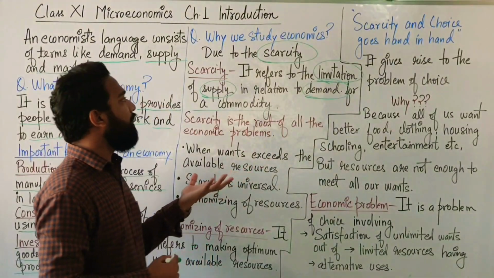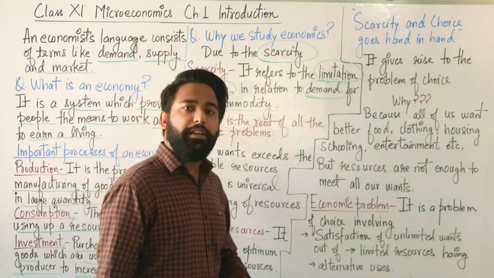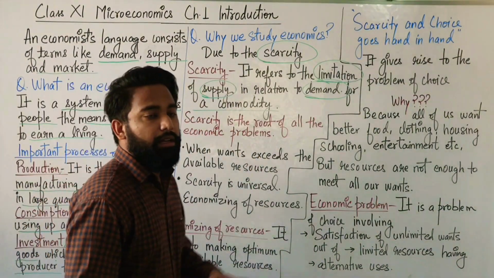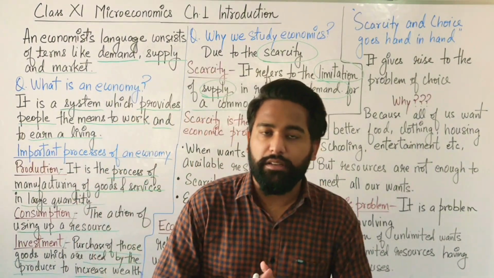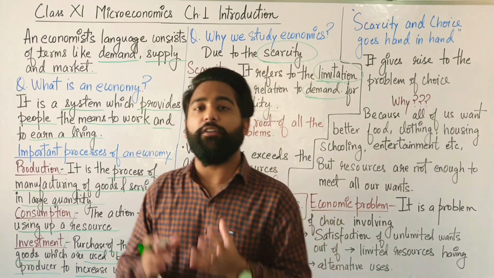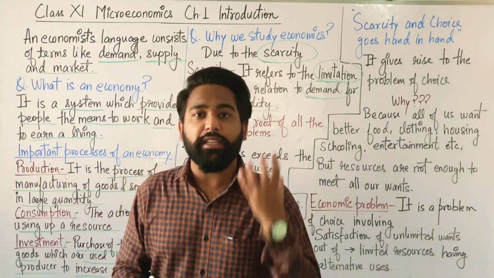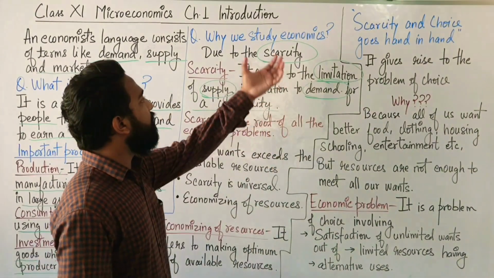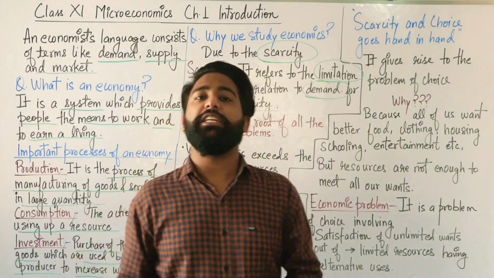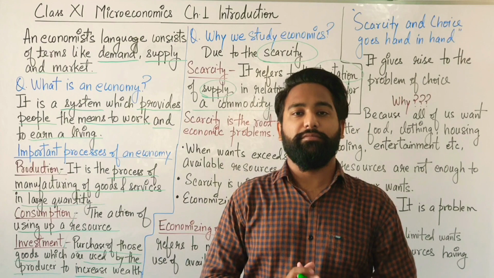That will be your statement, that there is a scarcity of that particular commodity in the market. And this is the main reason, the scarcity of resources, the scarcity of things. This word scarcity starts the subject economics. Without scarcity, there is no economics.